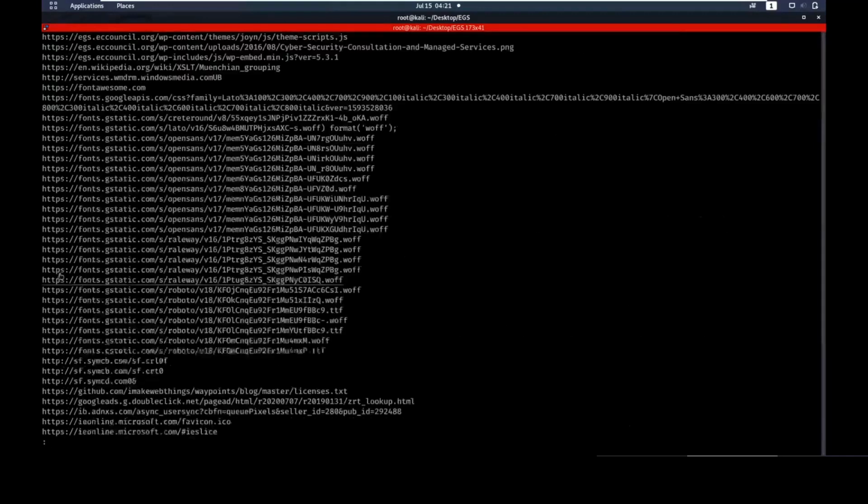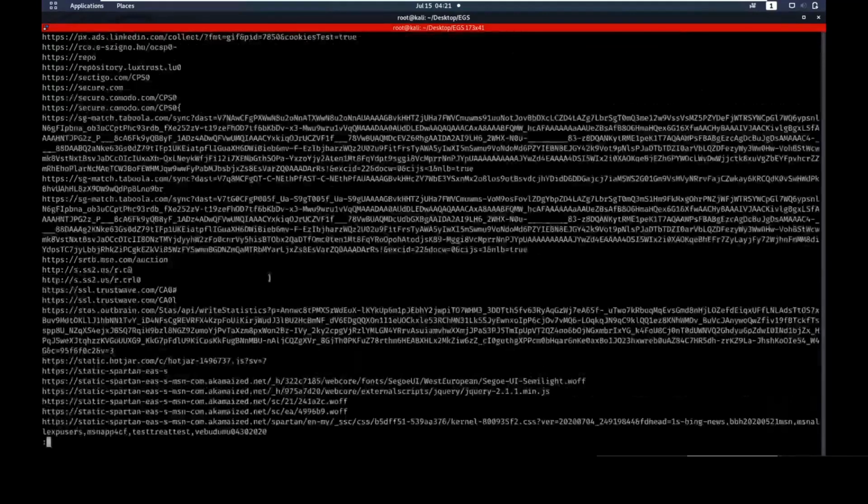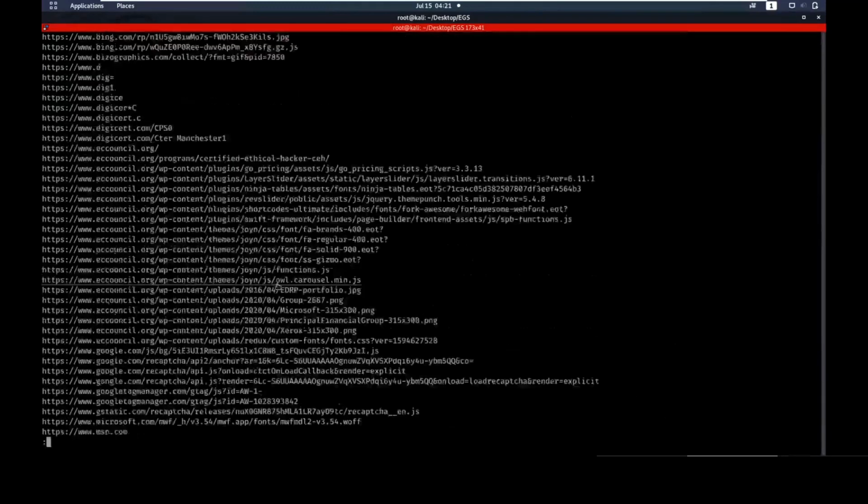Here I can get more on the HTTPS side. And as you can see, unlike the IE history, this one helps us get all the browsing history of our client, which resides in the memory.